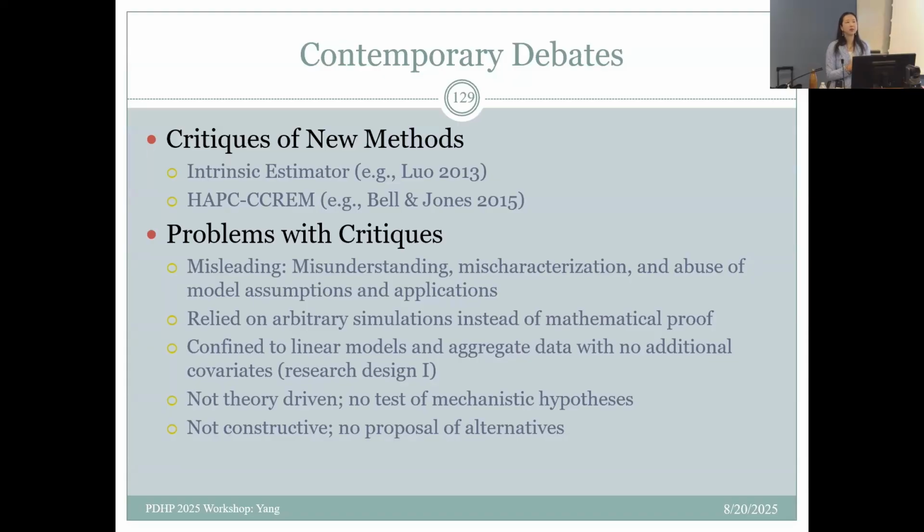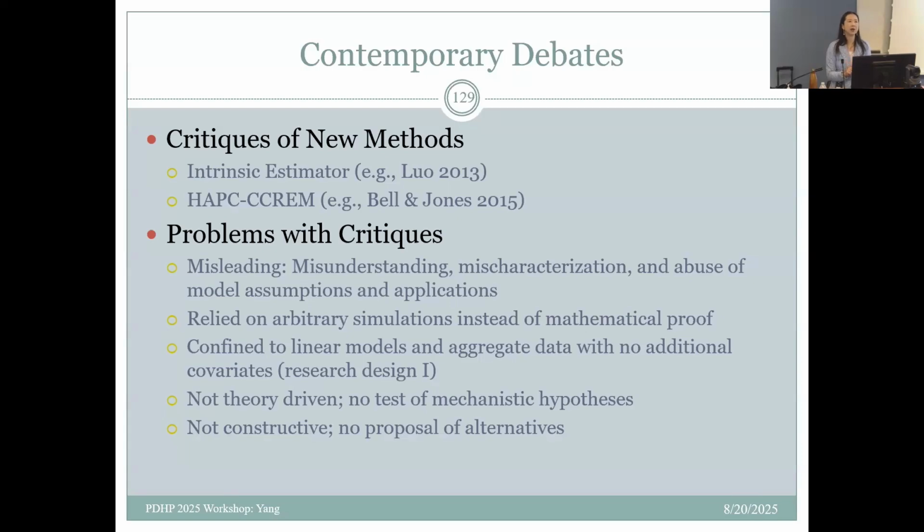because the way they have presented the problem largely misunderstands or mischaracterizes how these new methods came about, and oftentimes relies on abuse of model assumptions and applications, in which case one should never apply a full APC model when not all three factors are necessary, for example. That's the first problem with these critiques.